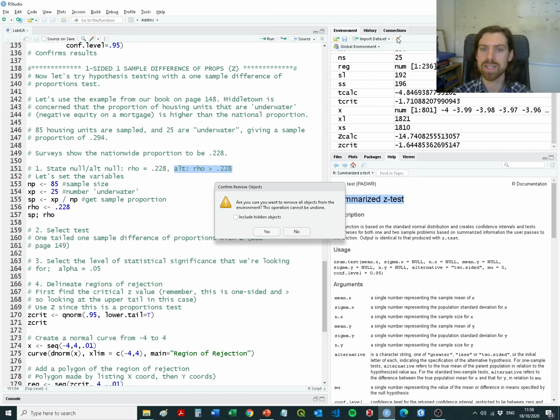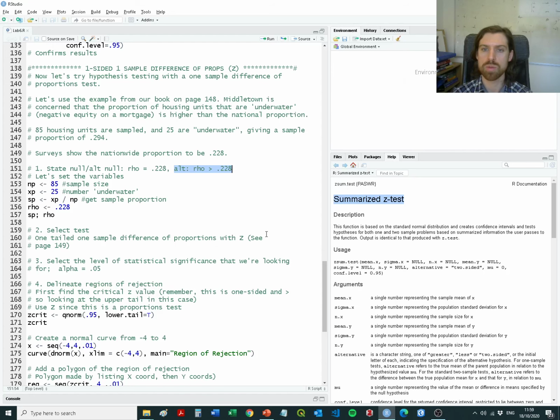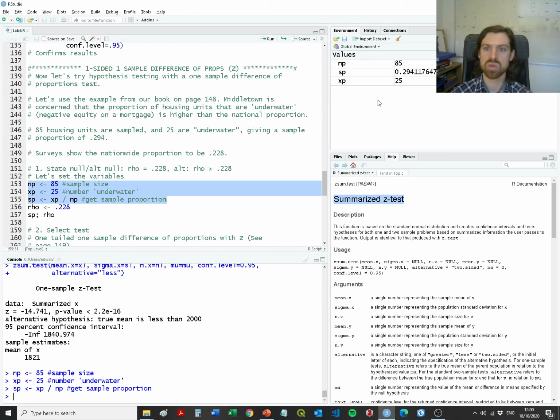So I'm just going to clear what we've got here in the global environment currently. I'm going to enter the sample size. I'm going to enter the number of households which are deemed to be underwater, so in negative equity, and I'm going to get the sample proportion by dividing those two figures. So you'll see that that's 0.294.